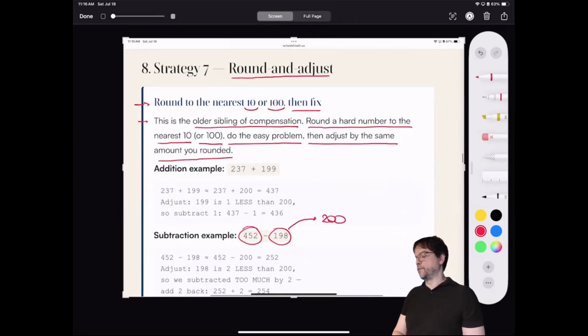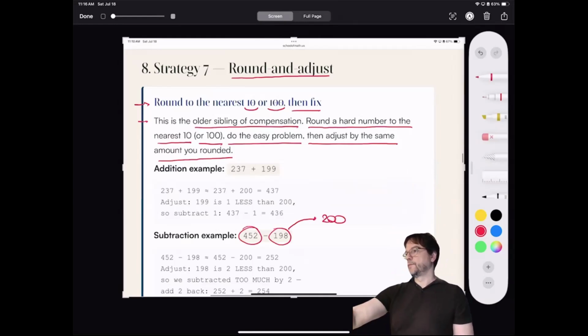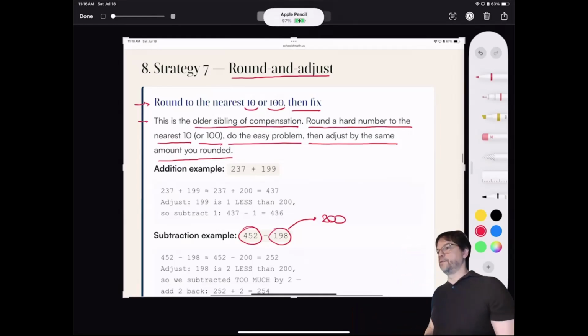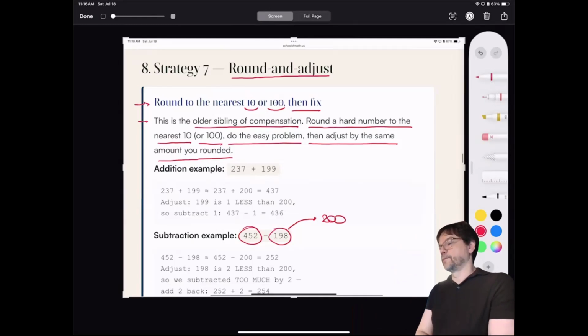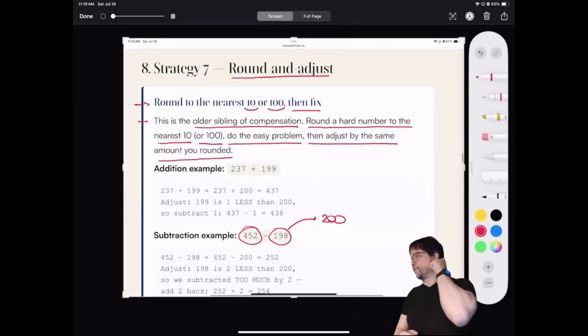How much is 452 minus 200? Look at me. 452 minus 100, how much? Take 1 from the hundreds digit. 452 minus 100. Now, 198 to 200.